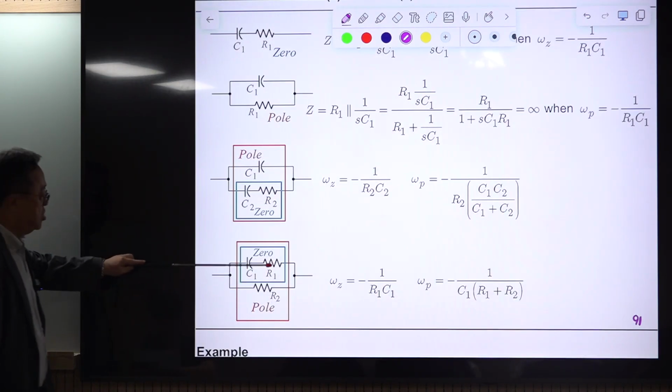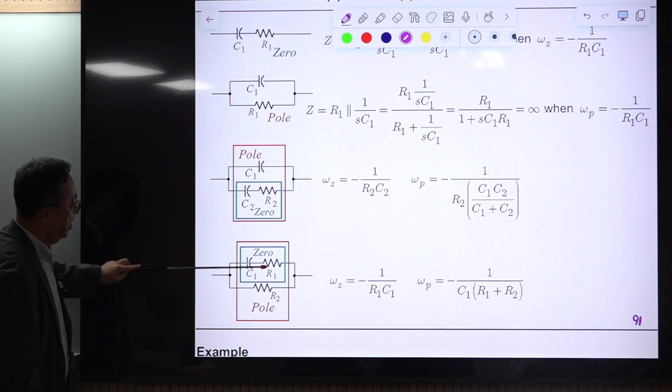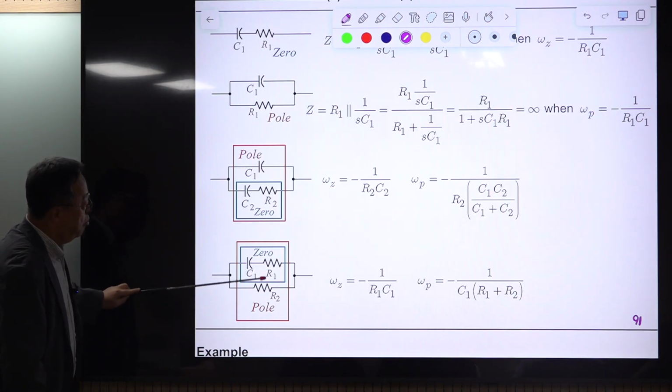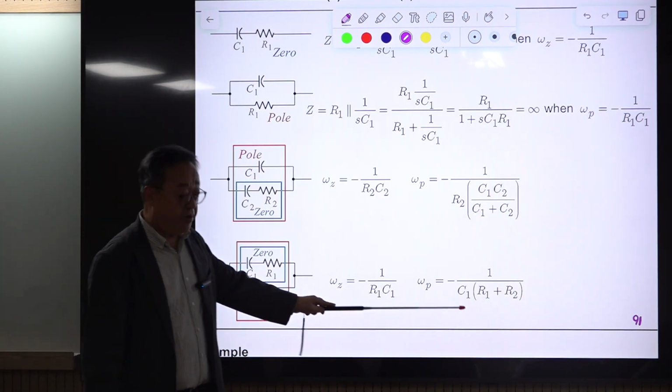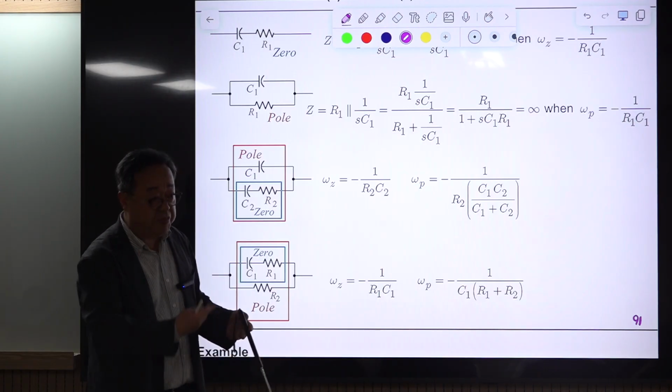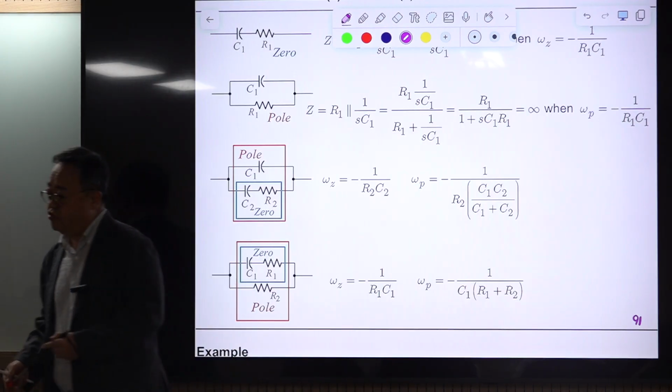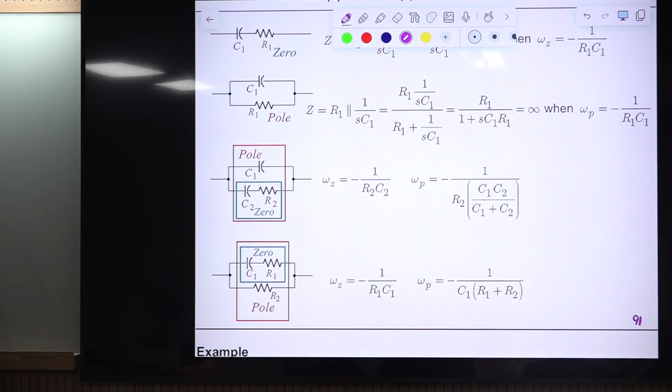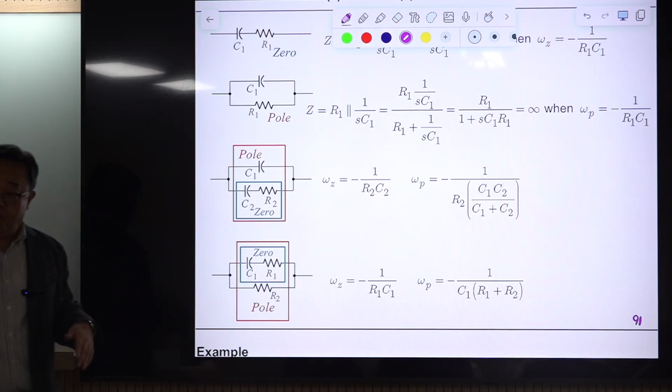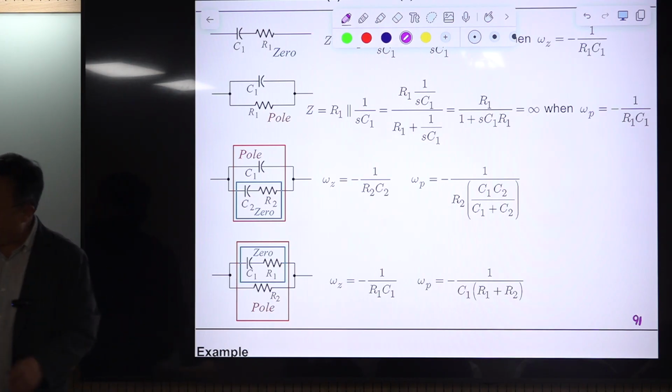This will generate a zero, and this combination of these three components will produce a pole here. Knowing this is very convenient for compensation design. Without this you need trial and error, or you should go back to the table to take a look.